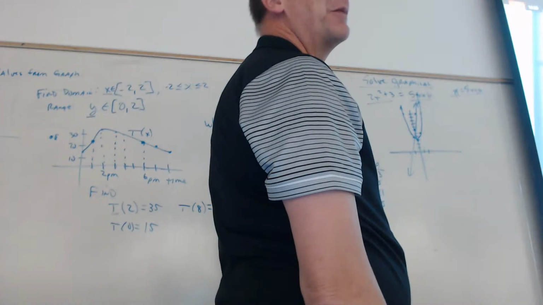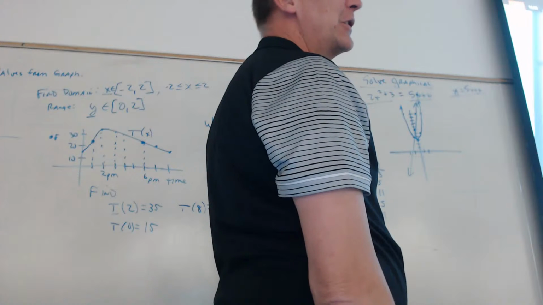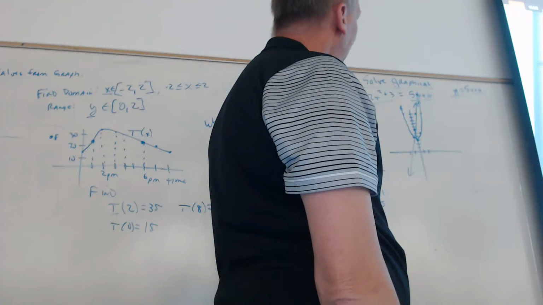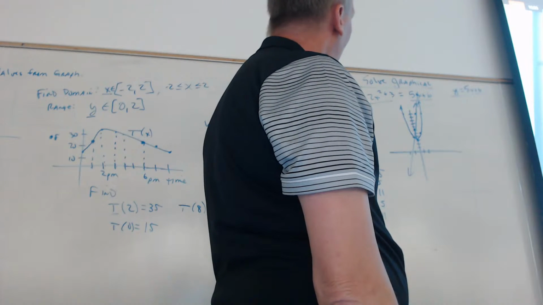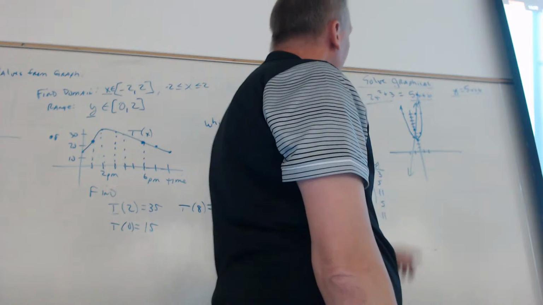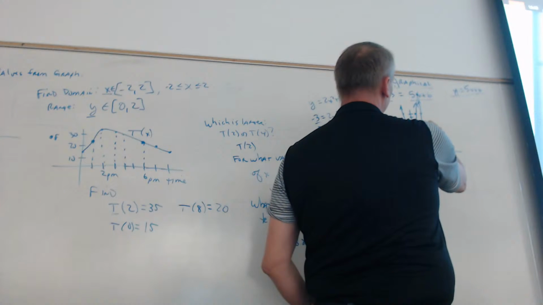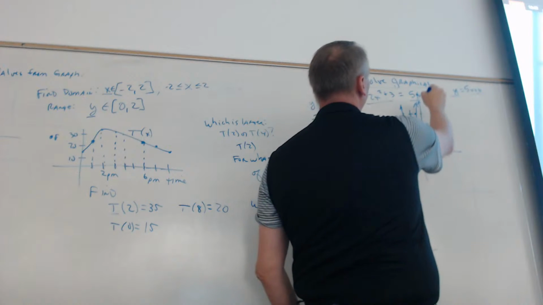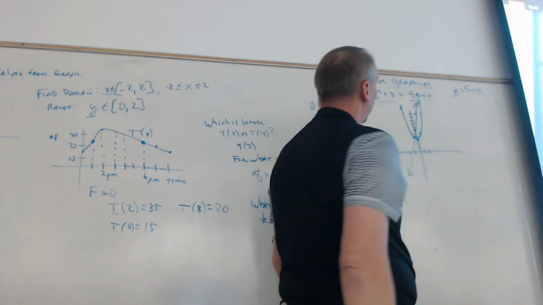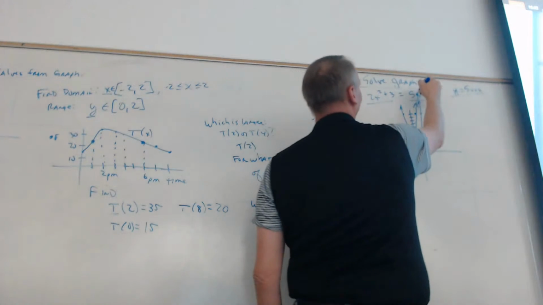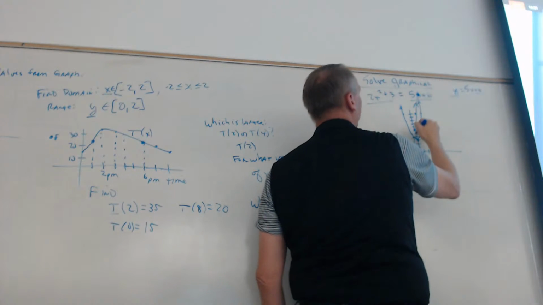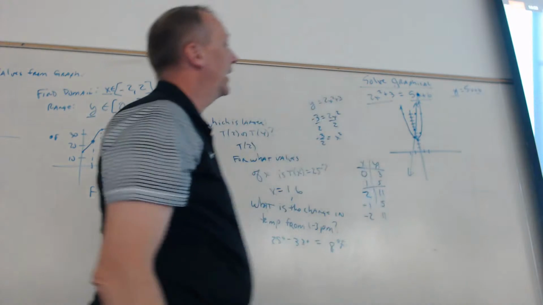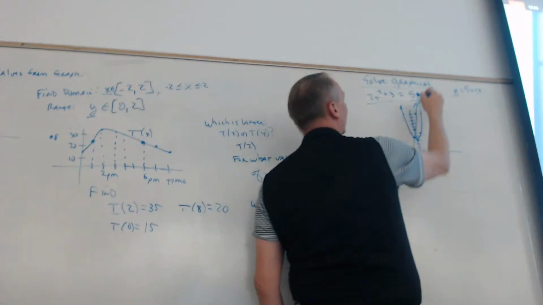Honestly, you really need graph paper to do these, so that you can be very precise. Because I don't believe, is that 1, 4? I don't think that is it. Minus 1. I don't think that's the same spot. Is 1, 5 the same here? It's not. Okay? I was hoping this would be a better problem than that. So it's whatever these 2 points are, that's where it is.